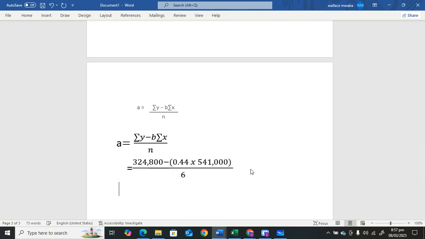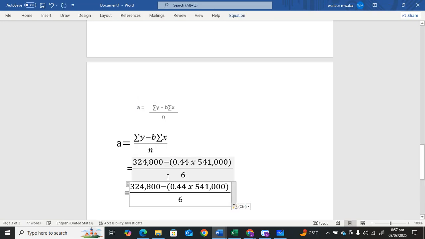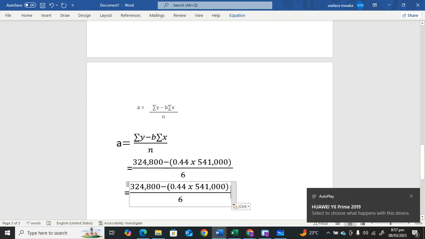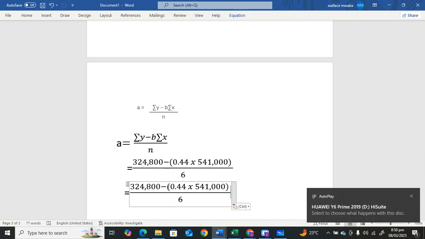So we do our multiplications here. 0.44 times 541 is 238,040.